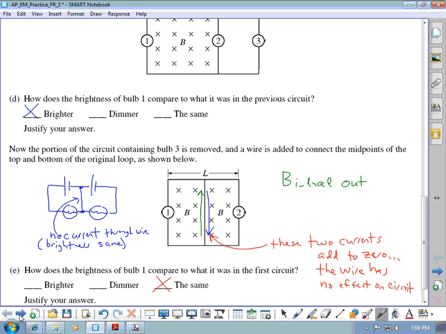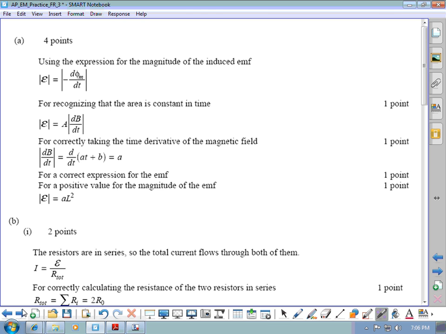So if I go through and look at the scoring guidelines, part A of the question was asking for the magnitude of the induced EMF. And so the magnitude of the induced EMF is the absolute value of the rate of change of the magnetic flux. So it was 1 point for recognizing that the area was constant in time. So you just had to do the area times the derivative of the magnetic field with respect to time.